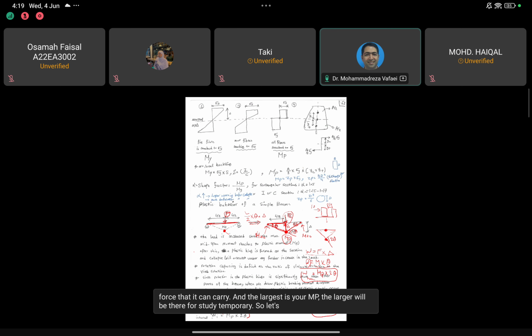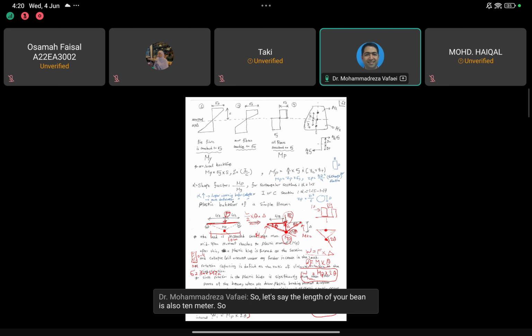So let's assume that we have a beam with a cross-section of 0.2 by 0.4. Let's say it is a rectangular section, and the yield is 300 megapascal, let's assume. So let's say the length of your beam is also 10 meters.